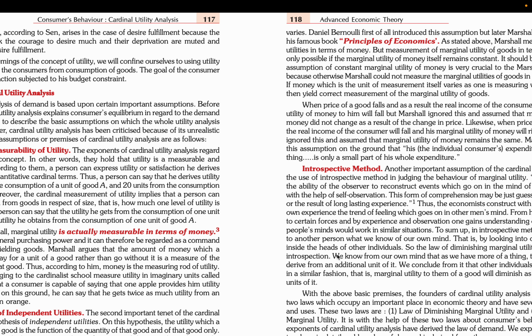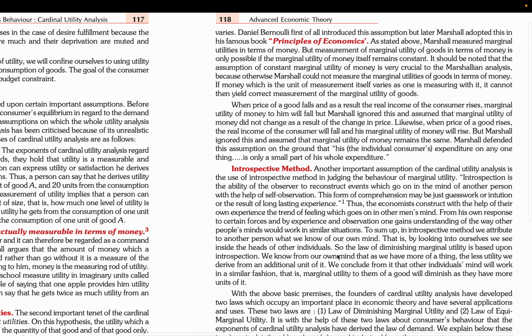Daniel Bernoulli first introduced this assumption, but later Marshall adopted it in his famous book Principles of Economics. As stated above, Marshall measured marginal utilities in terms of money, but measurement of the marginal utility of goods in terms of money is only possible if the marginal utility of money itself is constant, right?